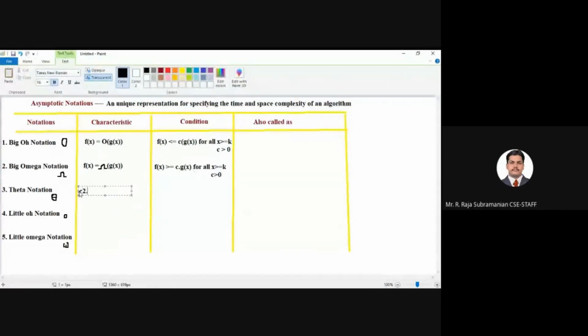So finally, theta. f of x is equal to theta of g of x. Okay, I'll draw theta now.